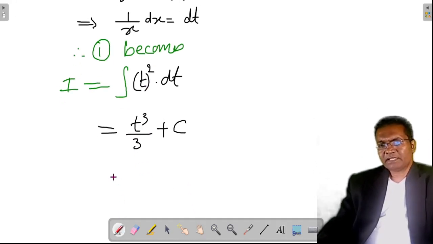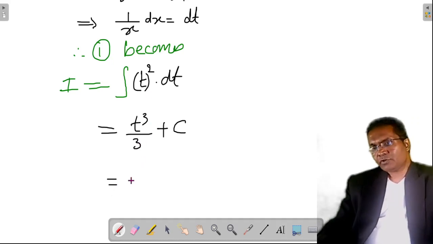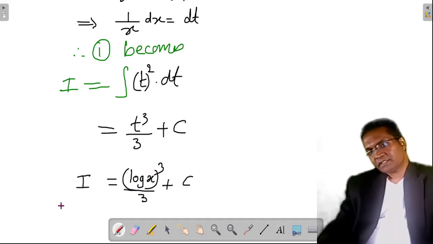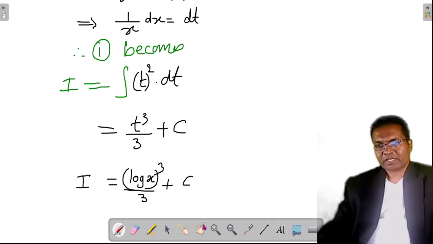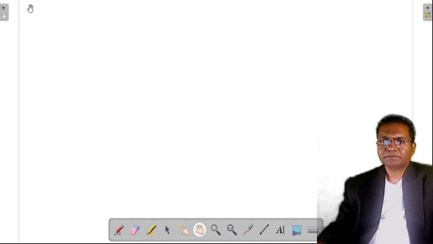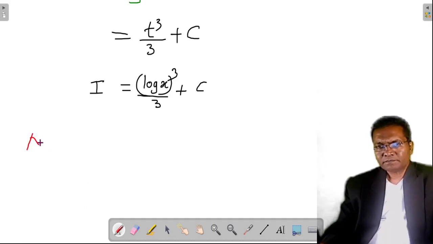Now you have to replace t, which you had taken as log x. So it is log x whole cube by 3 plus c. So again, one property you need to note down.